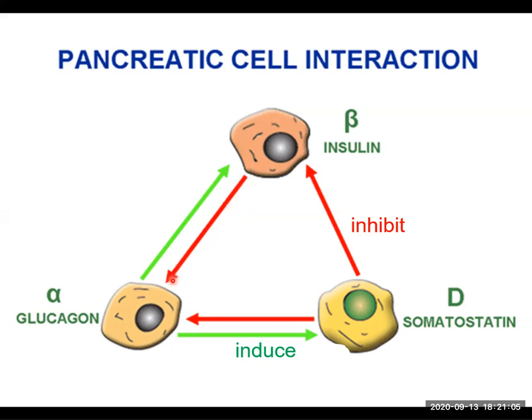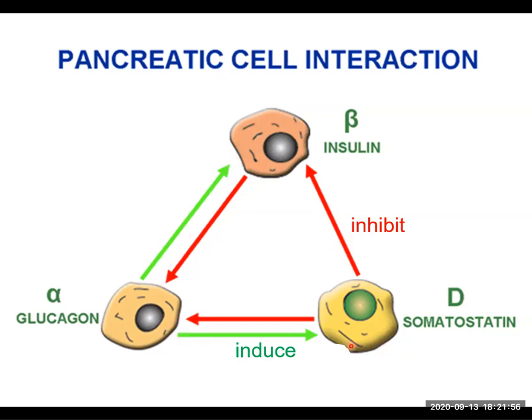The alpha cell will produce glucagon, which will increase the blood glucose level in order to maintain it, and at the same time it will inhibit the beta cell in order to prevent counteracting effects.